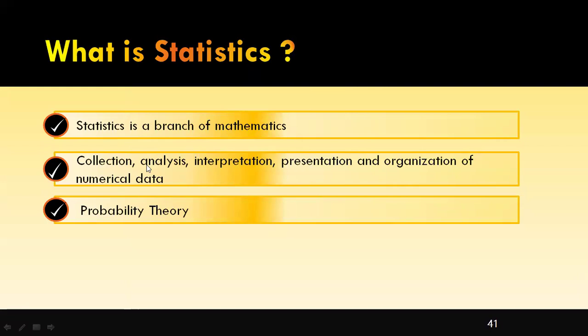Using probability theory, we can make predictions. What do I mean by making a prediction? For example, somebody asks you, what is the probability that it will rain tomorrow? You see the weather report and then you say there is a 60% chance that it will not rain tomorrow.